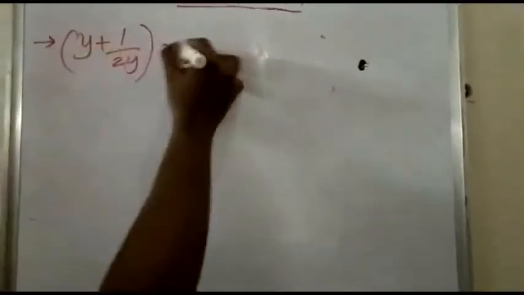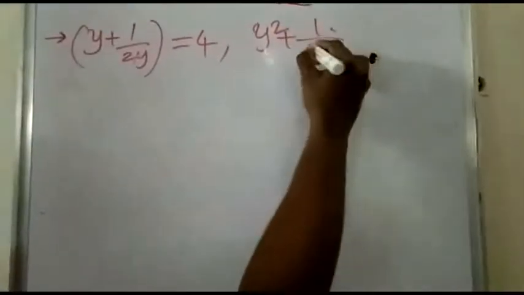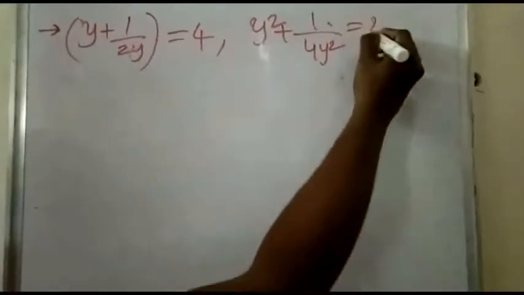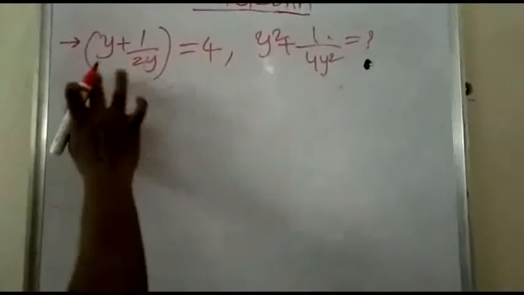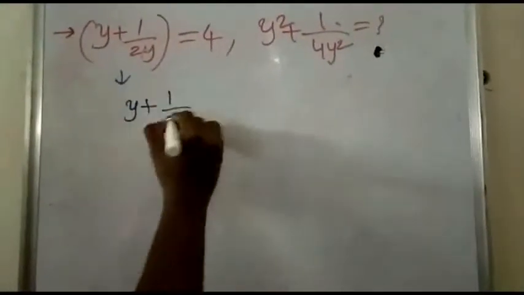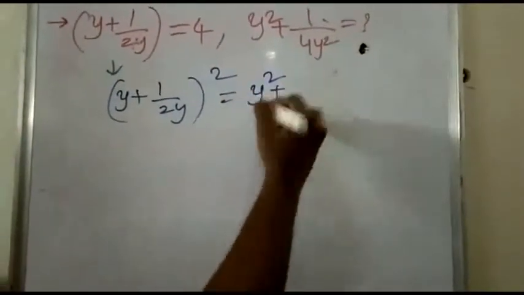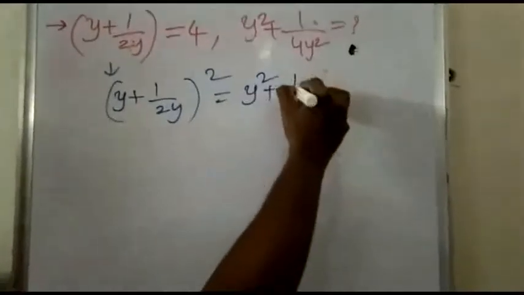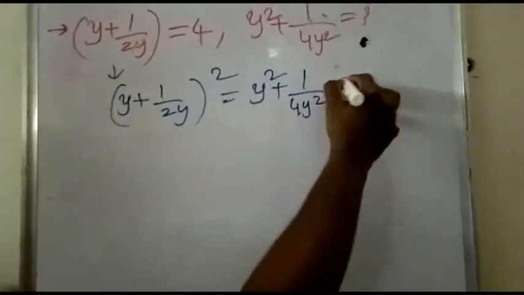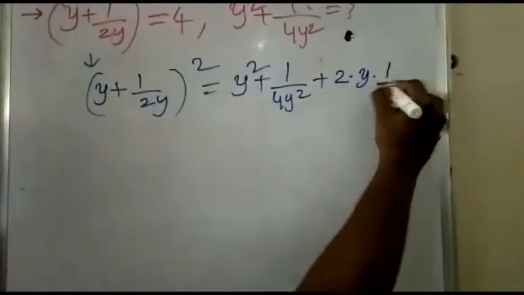Okay, the given question is y plus 1 by 2y is equal to 4. Then what is y square plus 1 by 4y square? So we have to square on both sides. y plus 1 by 2y whole square is equal to the a plus b whole square formula: y square plus 1 by 4y square plus 2 into a into b, that is y into 1 by 2y.